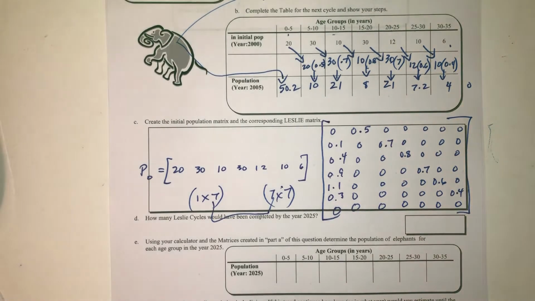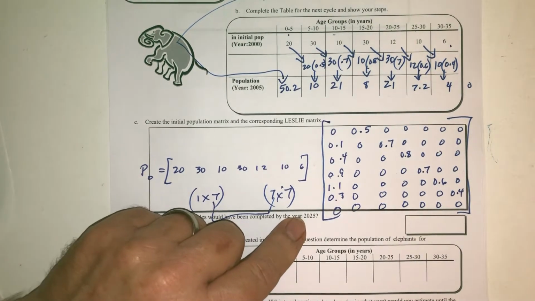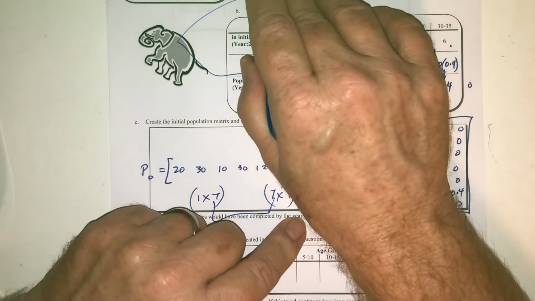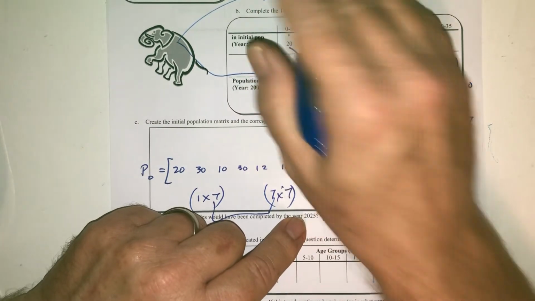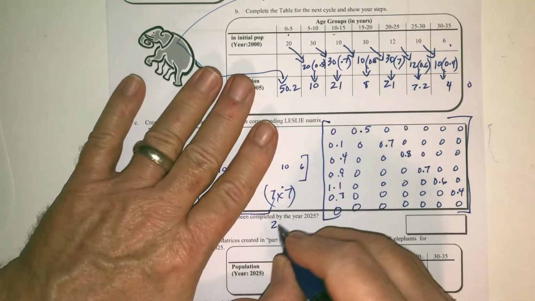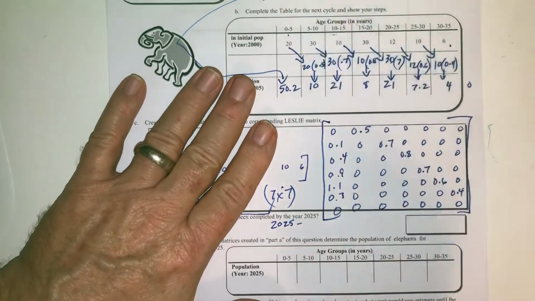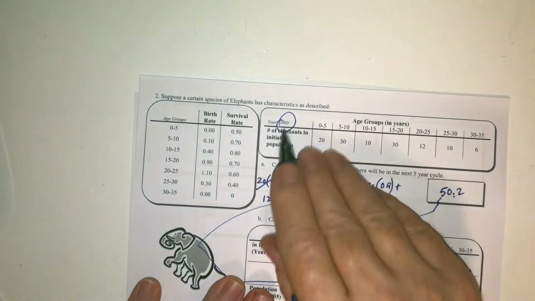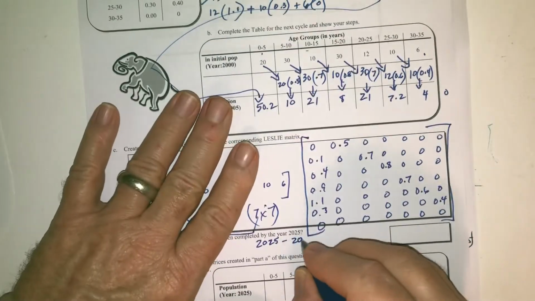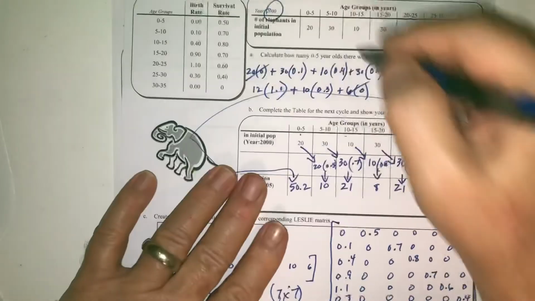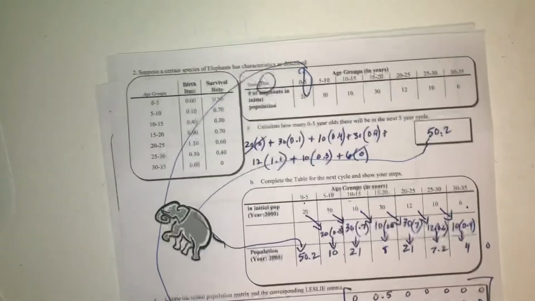Now, how many life cycles would have been completed by the year 2025? Well, this started in year 2000, so we're going to find 2025 and subtract this 2000 up here, because that's when the data started. Then we're going to divide by this number right here. That's very important.